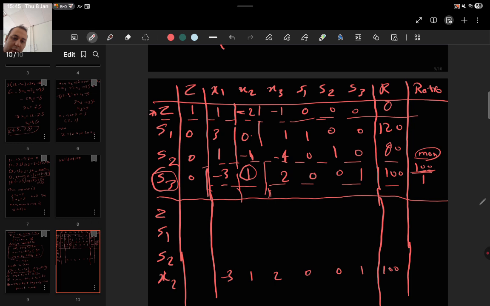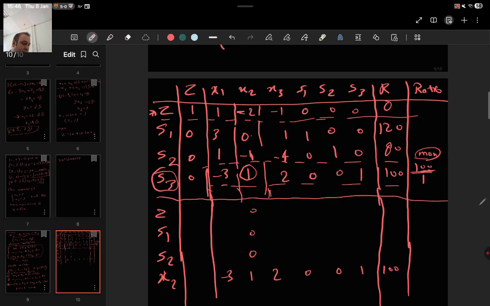Otherwise, we would divide all of them by the pivot value. Any number divided by 1 becomes itself, so no change. What's our job after this? To make the values above it 0.